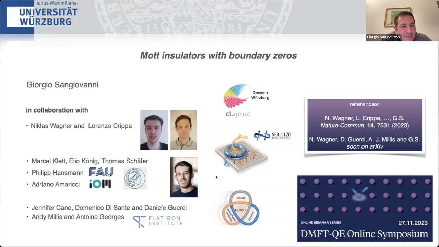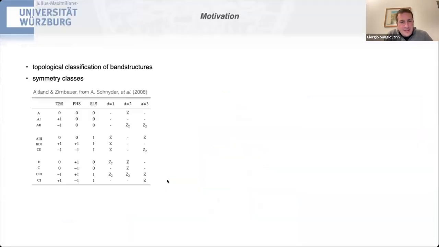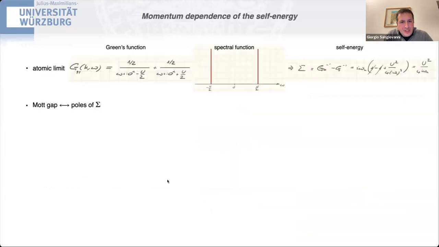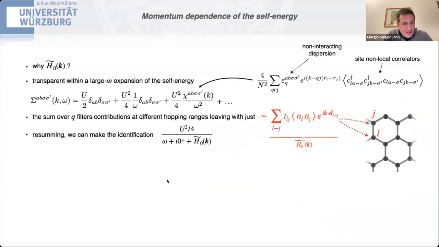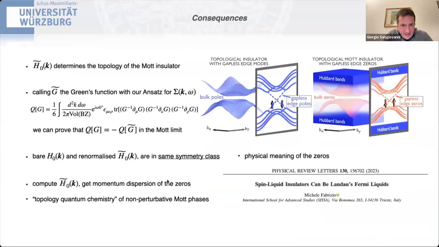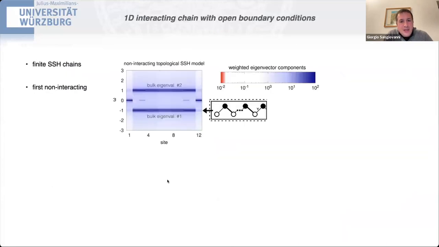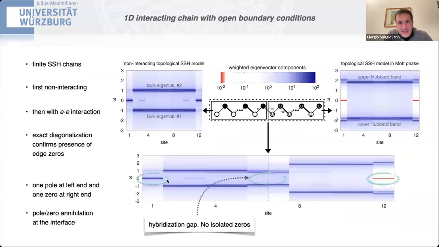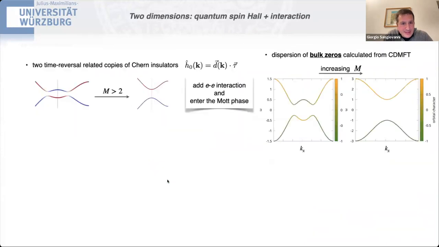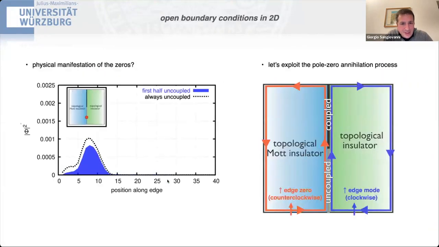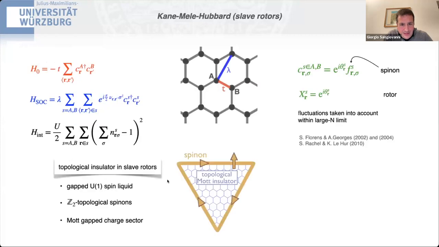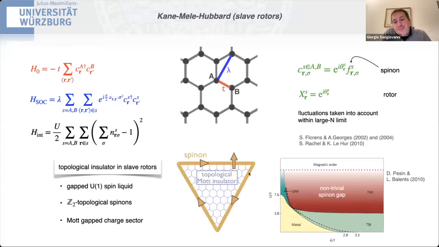Yeah, so that's a very good question. What I'm showing here is a slave rotor mean field result, which means that I'm not considering at all the fluctuations of the gauge field beyond that.